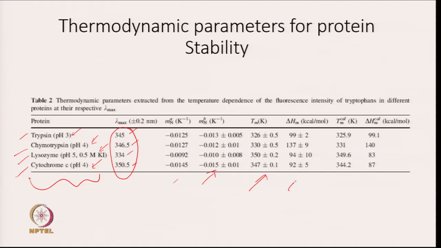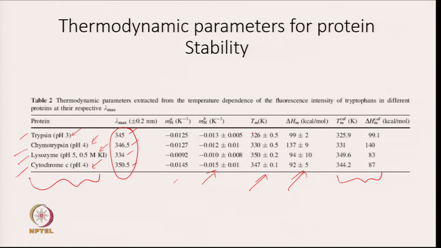This is the Tm value, this is the delta Hm value, and these are the Tm and delta Hm obtained from the calorimeter. So we can know the values of Tm and delta Hm using fluorescence spectroscopy.